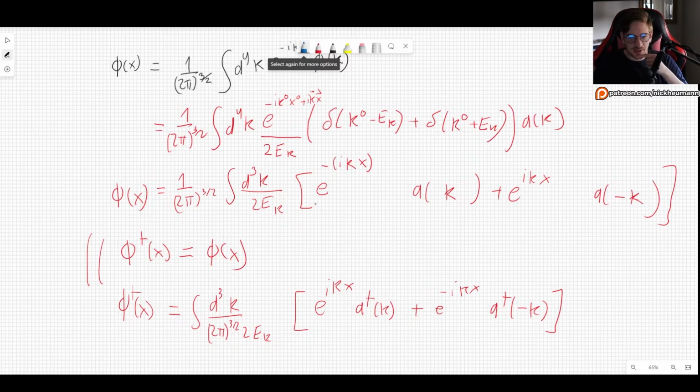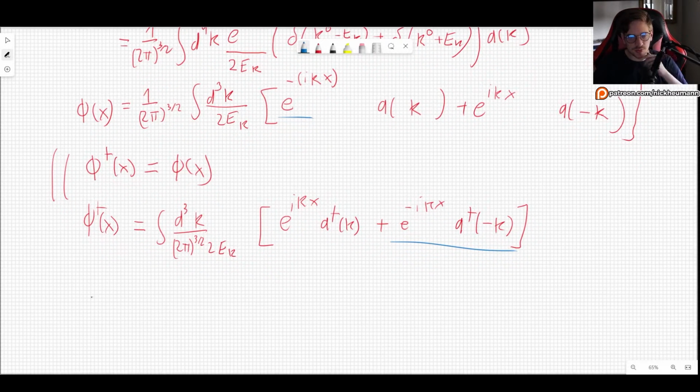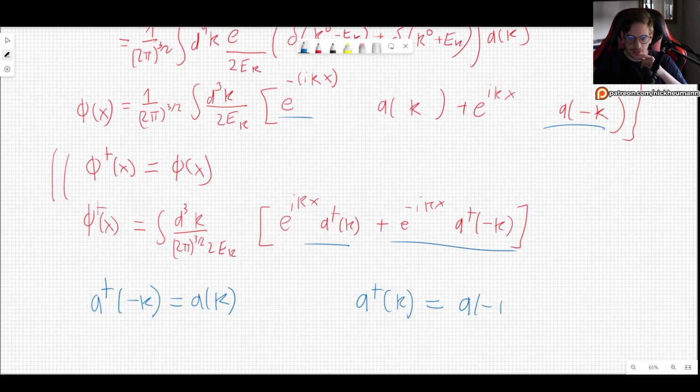Now inside the negative exponent, they both have to be the same. So that means that from comparing those two expressions, a dagger of minus k has to be the same as a of k. And then from the other one, right, comparing these two, we get that a dagger of k has to be equal to a of minus k.